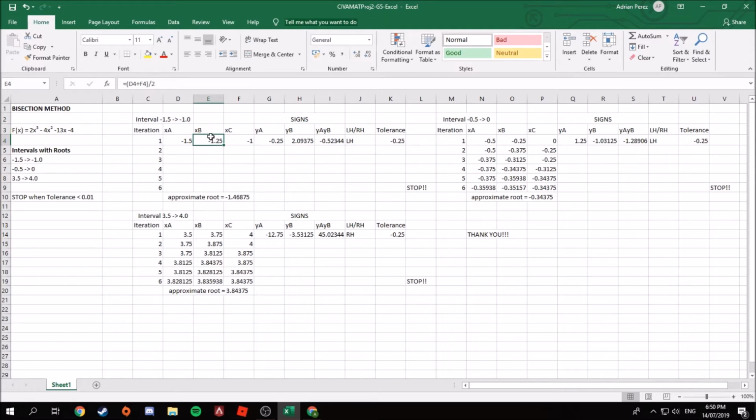As you can see in these cells, I have embedded formulas to make life easier. Just drop down. So here are the formulas.